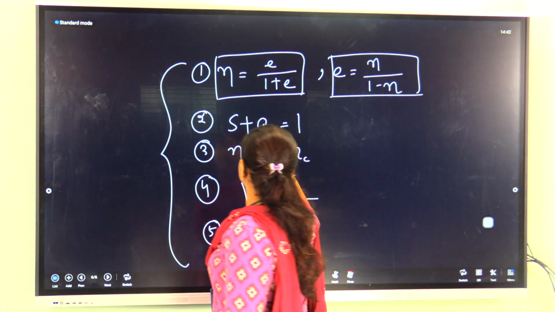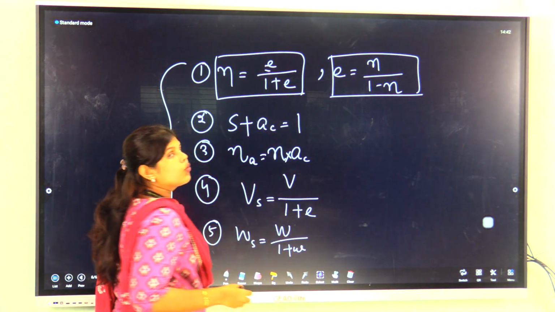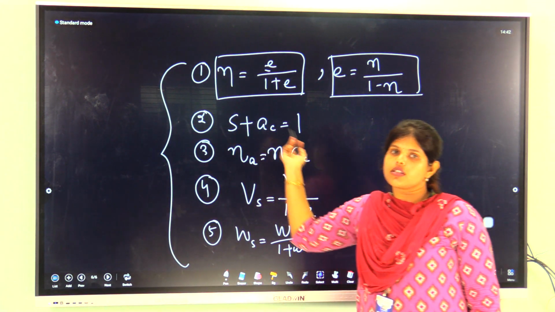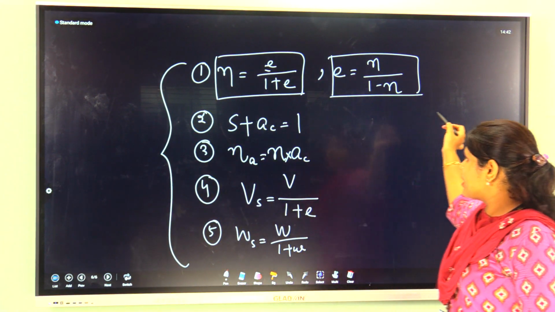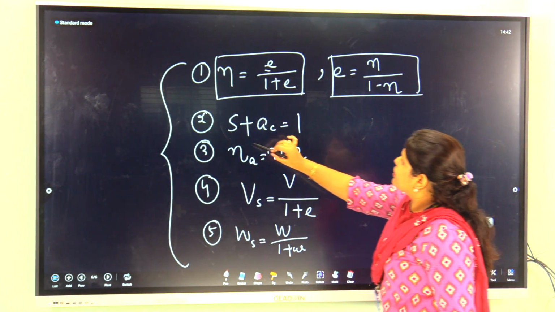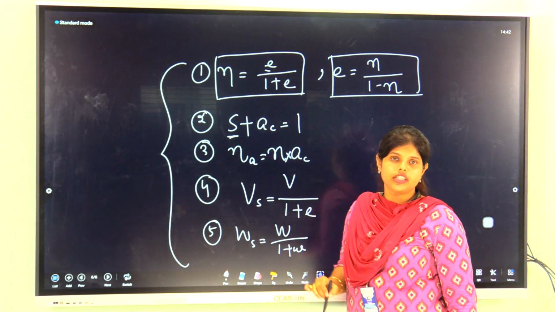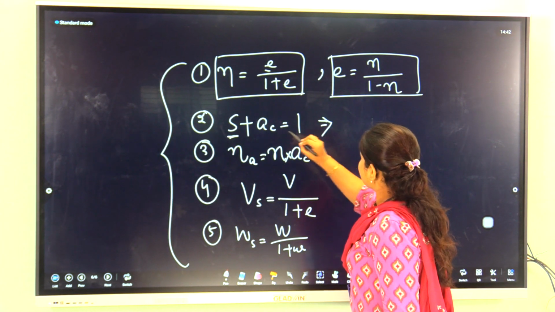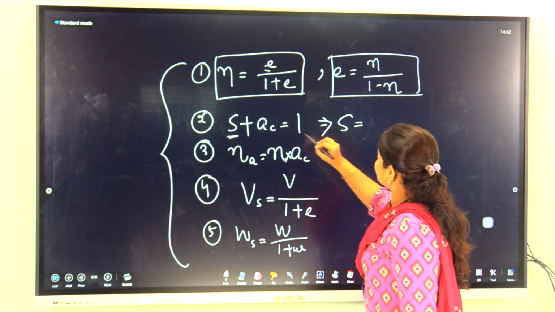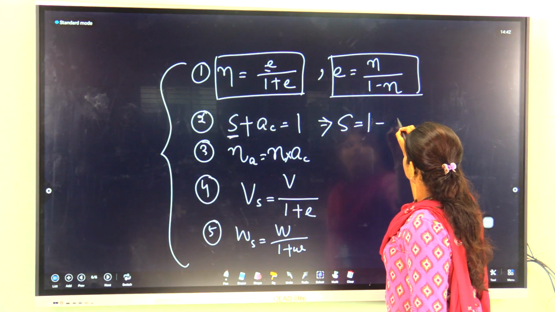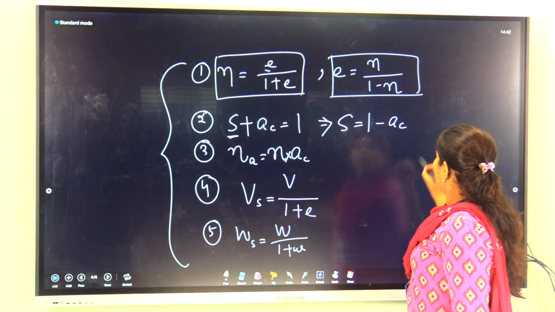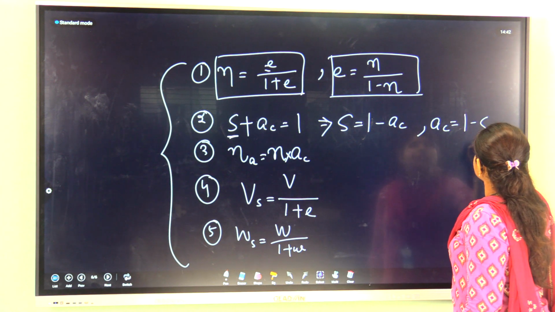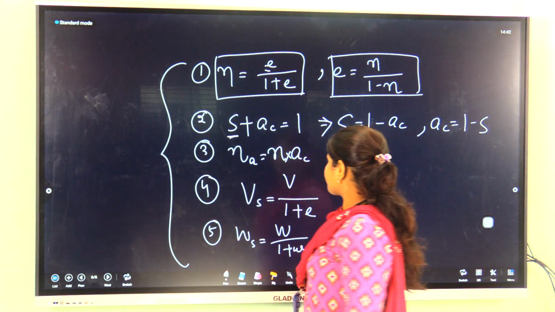So, if E is present, we can easily calculate porosity. If porosity is present, we can calculate void ratio. Likewise, if degree of saturation is given, we can calculate how? If S is given, we can calculate S equals 1 minus AC, or AC equals 1 minus S. Okay.